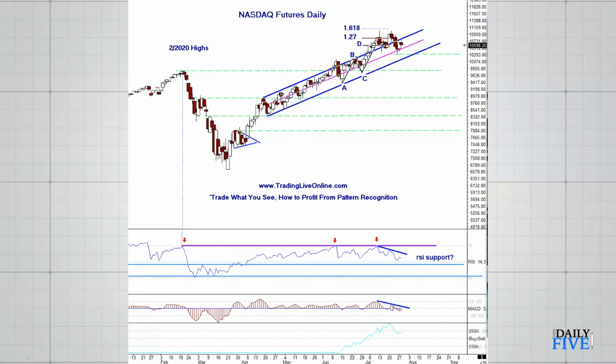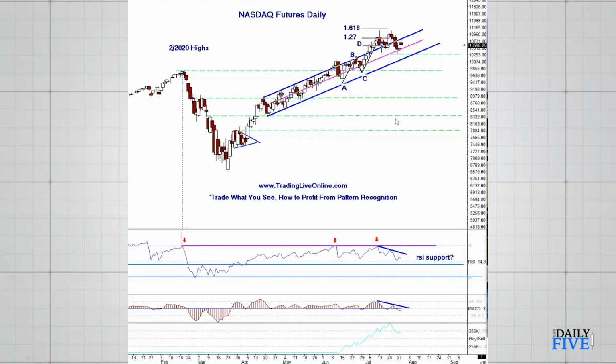We can see also on here that the MACD has been sloping downward as well and is currently in negative territory. And the on-balance volume, when I presented this in early July, was still showing strength, but now we can see that it has a definite turn to the downside.